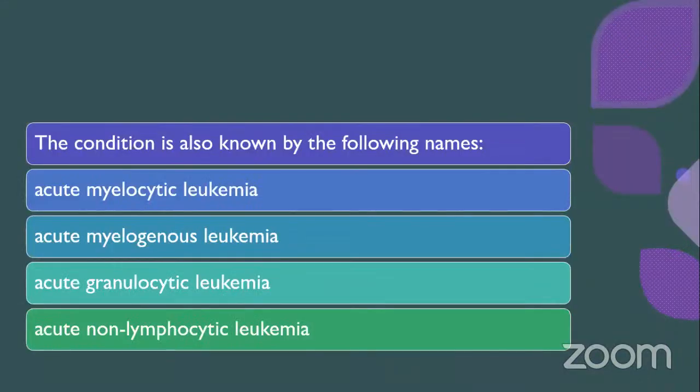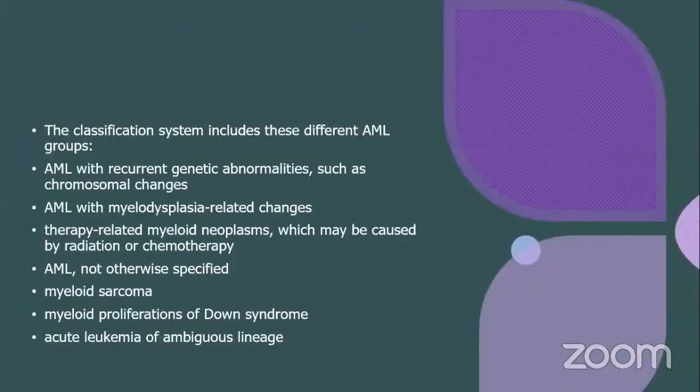So AML has different names. The condition is also known by the following names: acute myelocytic leukemia, acute myelogenous leukemia, acute granulocytic leukemia, acute non-lymphocytic leukemia. The classification system includes these different AML groups.